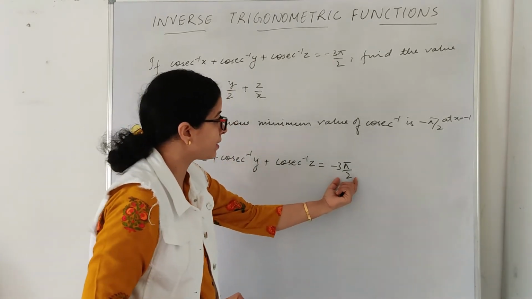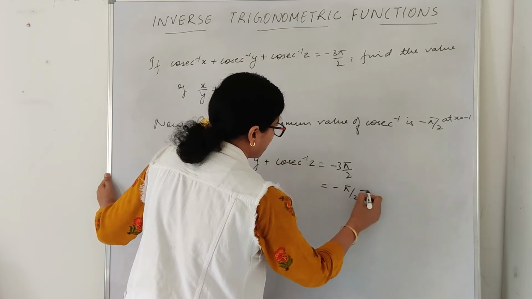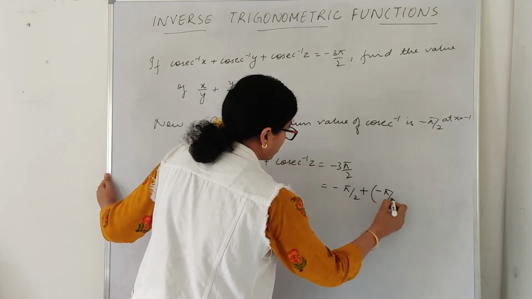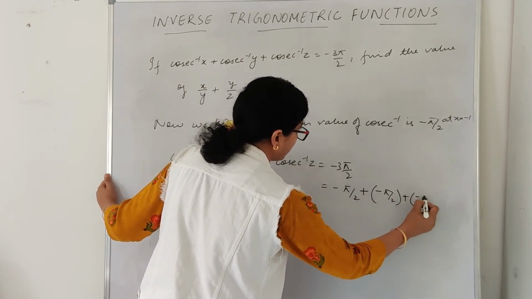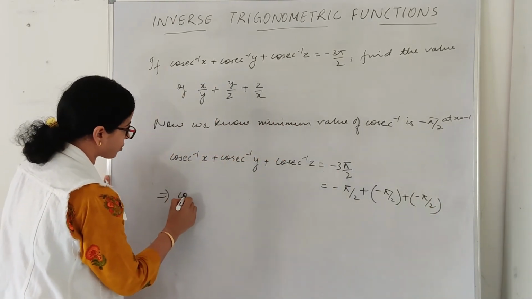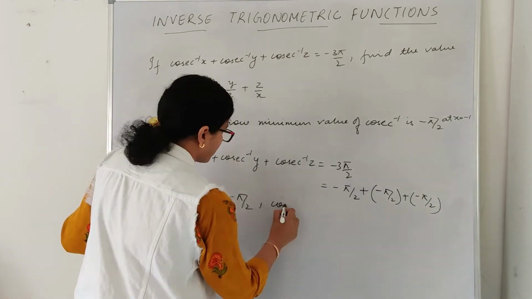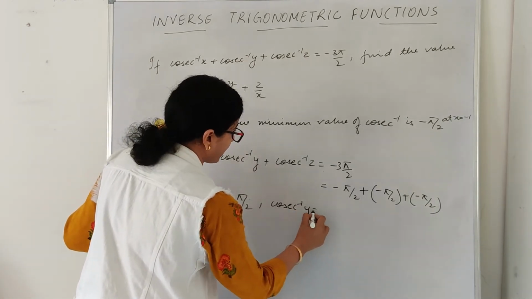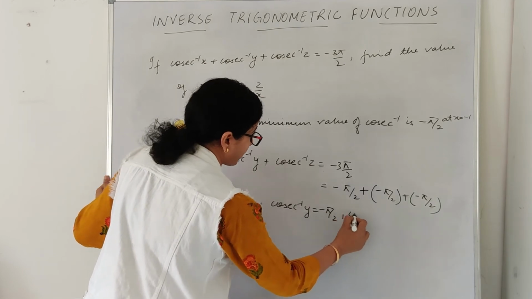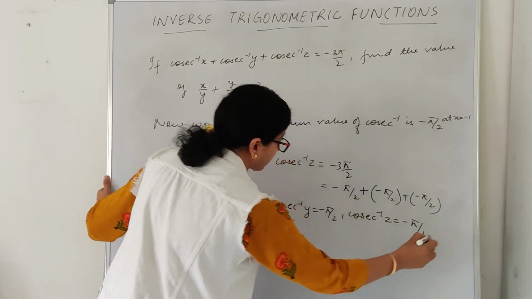So I can split this minus 3 pi by 2 as minus pi by 2 plus minus pi by 2 plus minus pi by 2, right? So what does that imply? That implies cosec inverse x is equal to minus pi by 2, cosec inverse y equals minus pi by 2, and cosec inverse z also equals minus pi by 2, right?